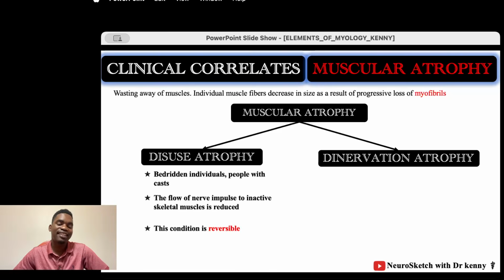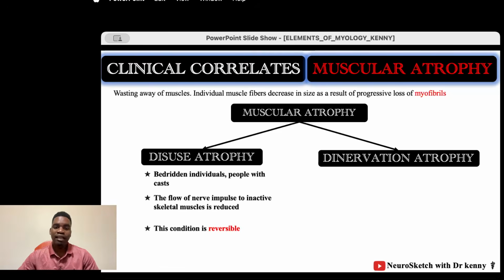So that's reversible. We also know that bedridden patients, who have been in bed for a sustained period of time, maybe six months, will have reduced muscle size, and that's also known as disuse muscular atrophy.